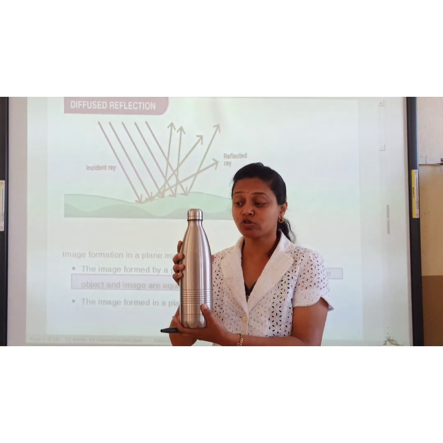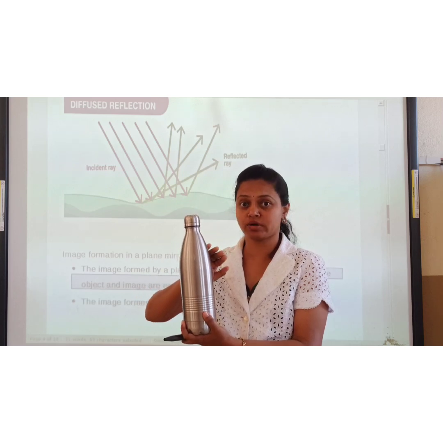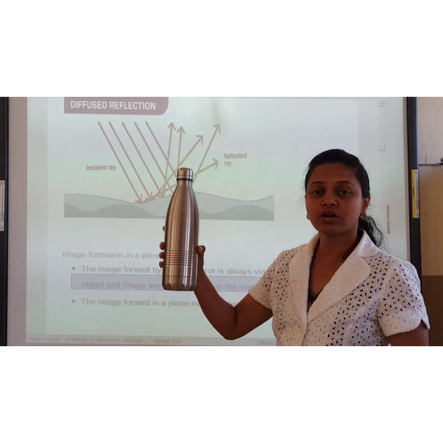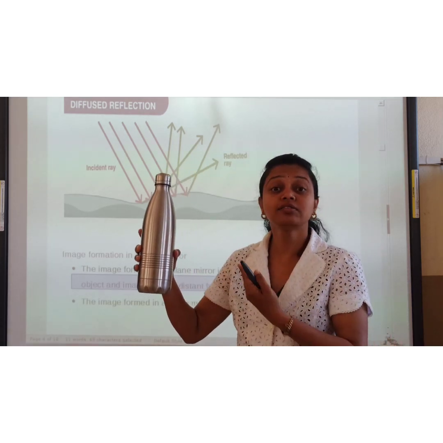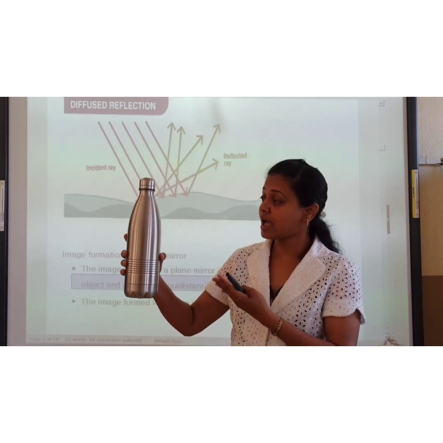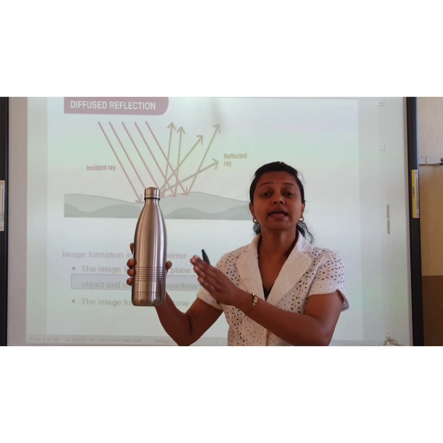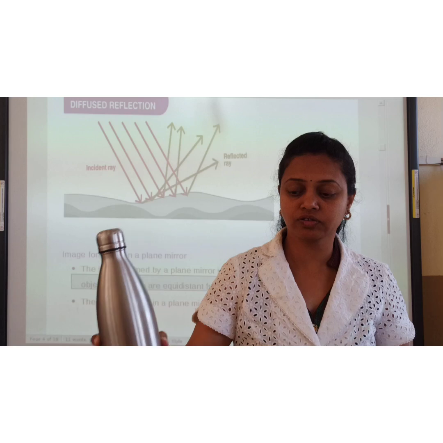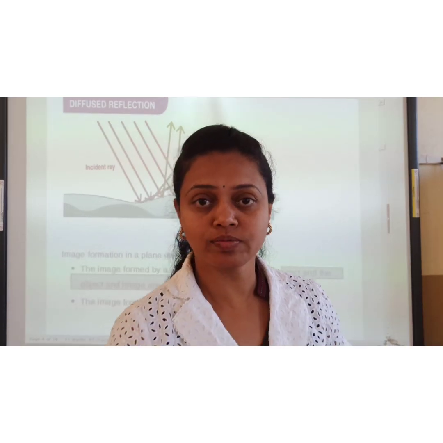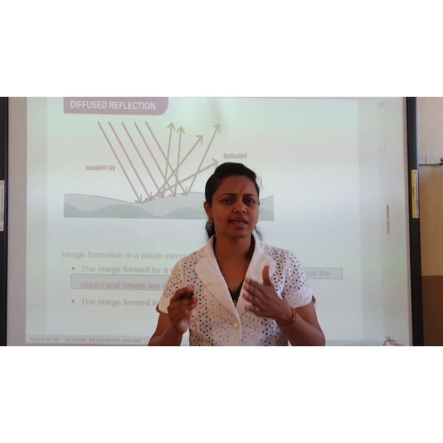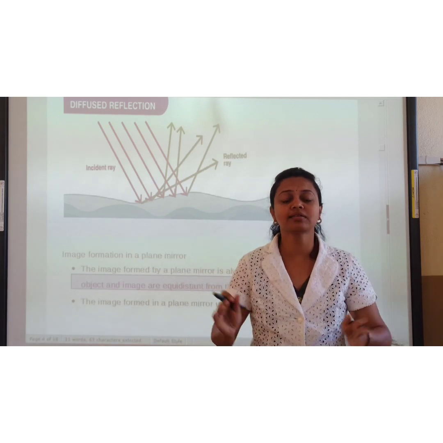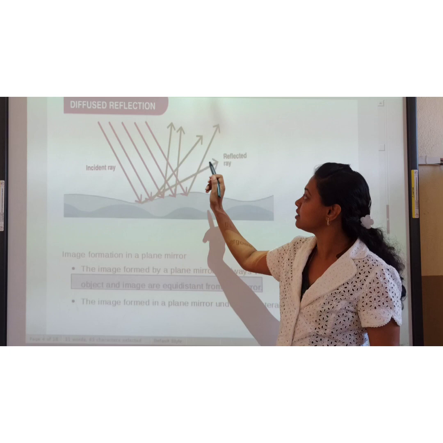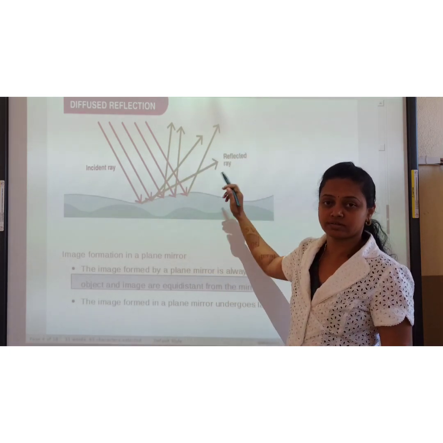Is it a smooth polished plain mirror? No, it's not very smooth and polished. Look at the image, how I see. It's not clear, blurred and uneven. The incident ray falls on this diffused object, which is uneven and unpolished, and the reflected ray is spread over.